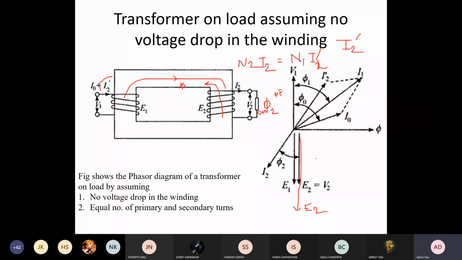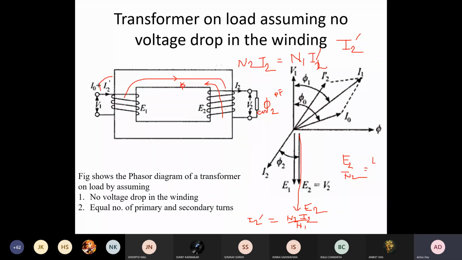And then once you have this I2, what will your I2 dash be? I2 dash is equal to N2 by N1 times I2. So what was our assumption? E2 by N2 is equal to E1 by N1.